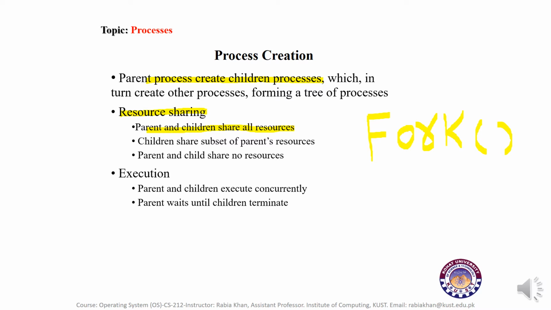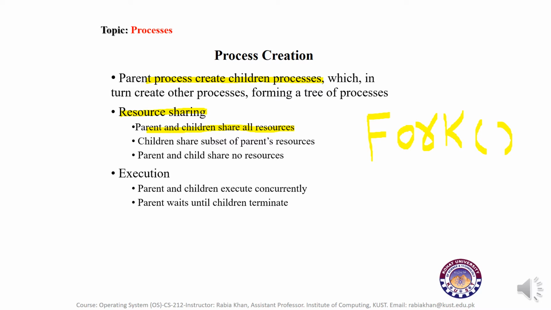So a parent process shares its own resources among its children. For example, if a parent process has been assigned 20 millisecond CPU time, now half of that 20 millisecond will be utilized by the parent and half will be utilized by the children processes.